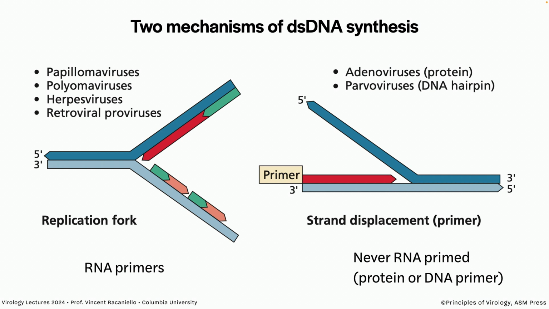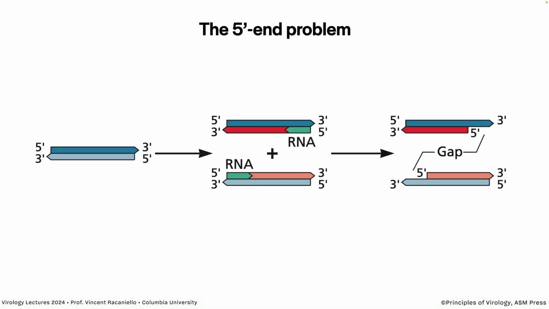And then that top strand will eventually come off, and that will be copied on its own. So both strands are copied. That's what we mean by two daughter strands. Both strands are copied. That kind of replication requires a primer. It can be a protein for adenoviruses, or it can be a DNA as for parvoviruses, and we'll see examples of that today.